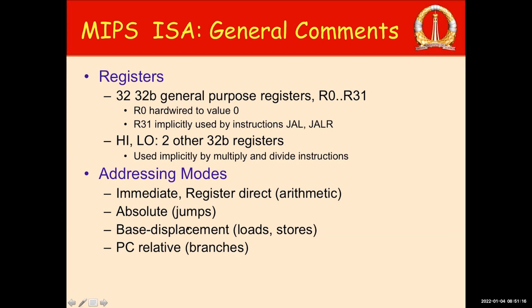Only load store instructions can have memory operands, and they are specified by the base displacement addressing mode. Conditional branches are implemented using the PC relative addressing mode, where the offset is specified relative to the current program counter value, and absolute jumps use direct or absolute addressing mode, where the address is specified as a part of the instruction.